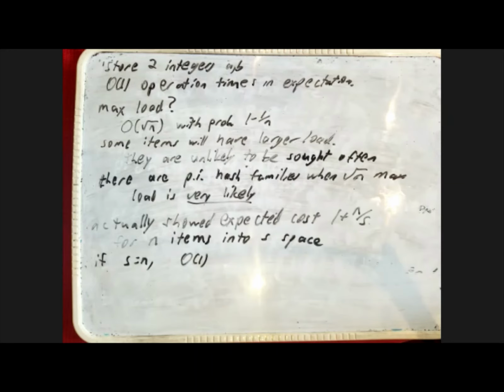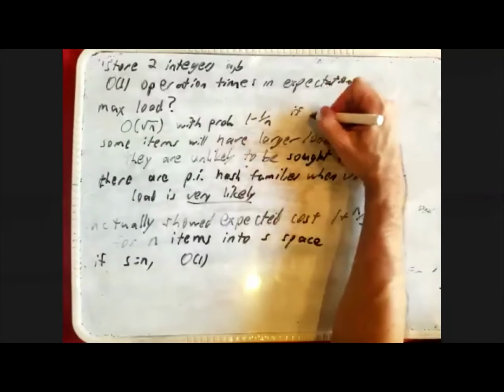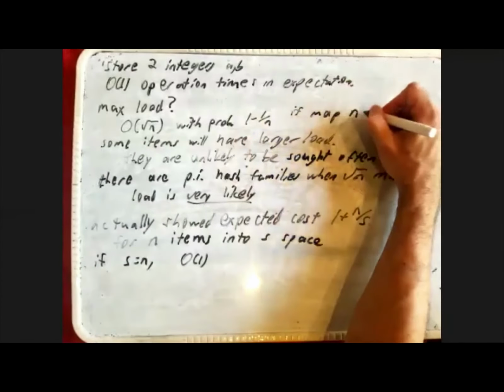Okay? But I'm a bit confused. Why in the upper bound don't we have any S? Which upper bound? I guess I didn't understand the argument, the square root of n. Oh, so that's if you map from n items into n items. Sorry, so that's what I meant about jumping the gun. What we've proven is an n over S bound.